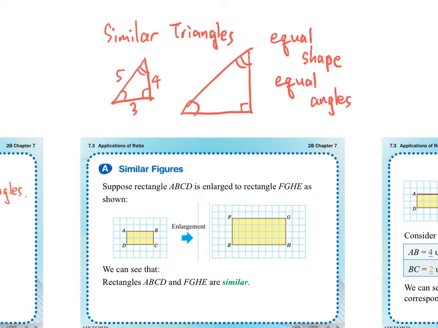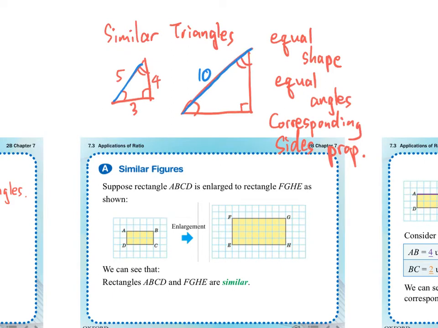The last one is 3 sides proportional, with corresponding sides proportional, PROP as the short form. For example, this one is 5 and then we have 10 here. So this is the corresponding side.